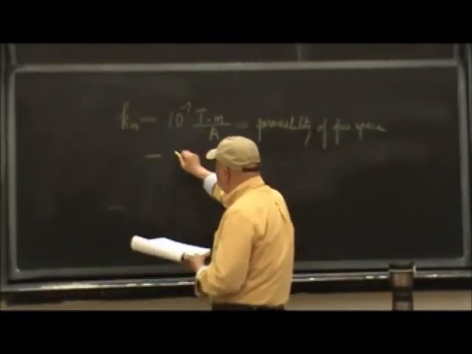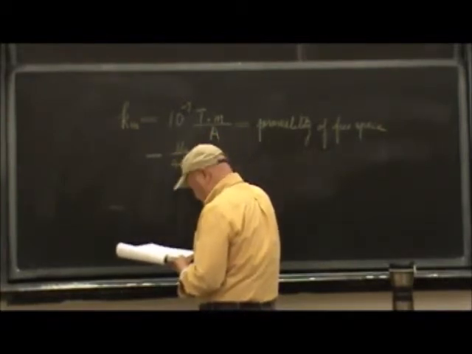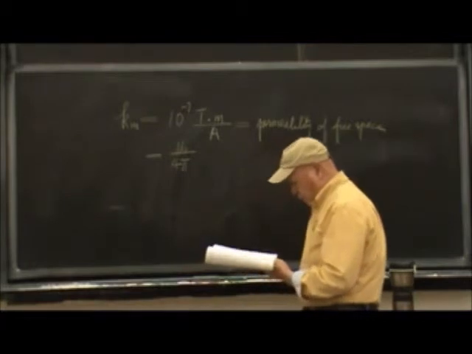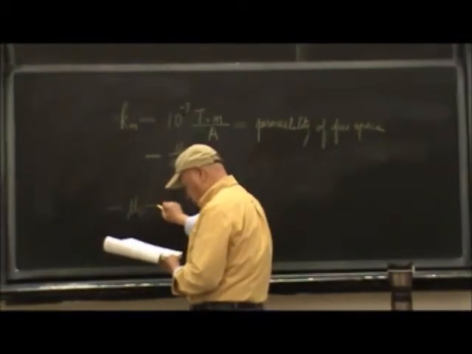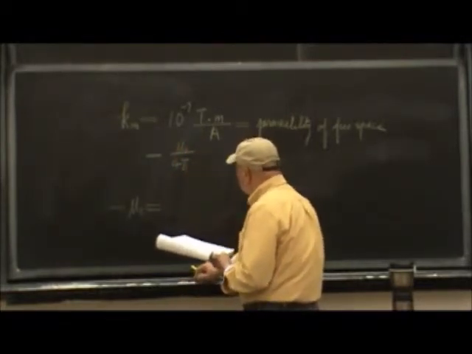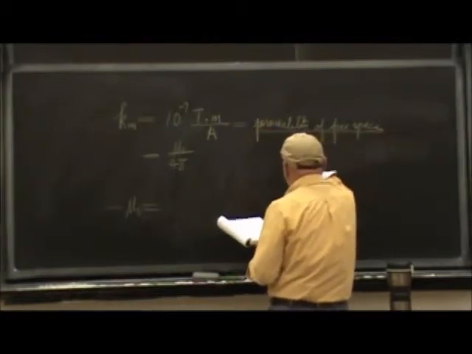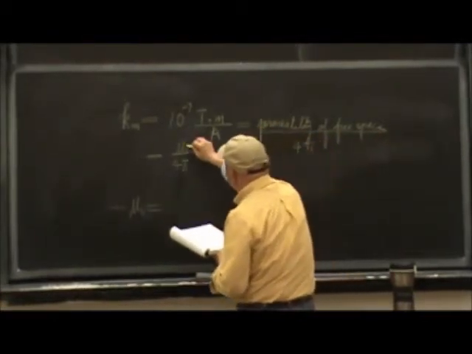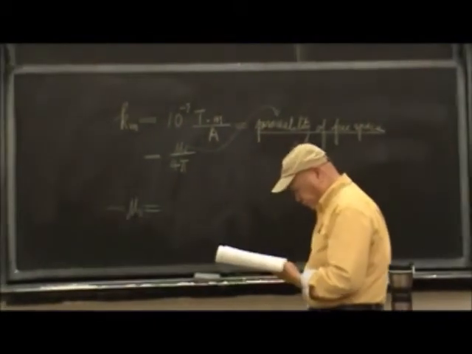You can express it as mu sub 0 divided by 4 pi. So this is the permeability of free space.